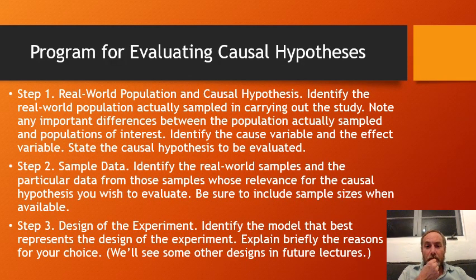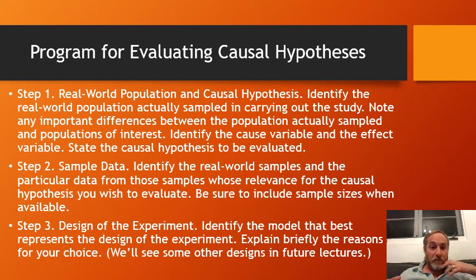Okay, having done that with the real example, here is the program, the format for your homework and your exam. Step one: what is the real world population and what is the causal hypothesis? Identify the real world population actually sampled.